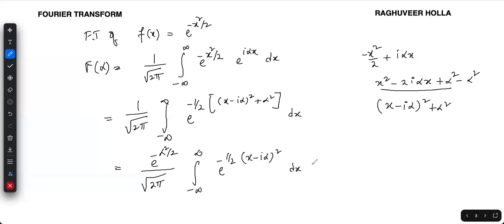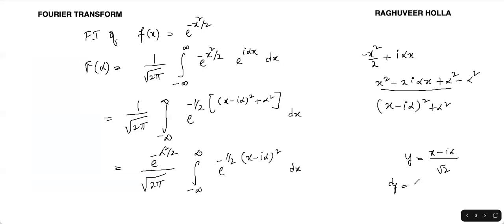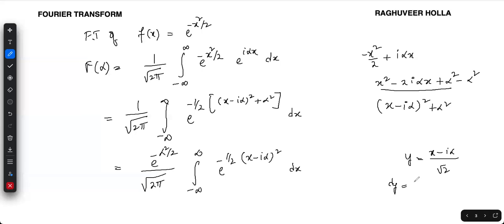Now, let me consider y as x minus i alpha by root 2. So your dy will be 1 by root 2 into dx. Since alpha is a constant, dx is root 2 dy.